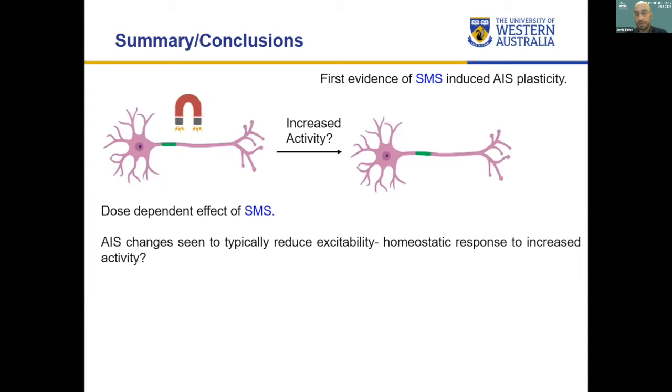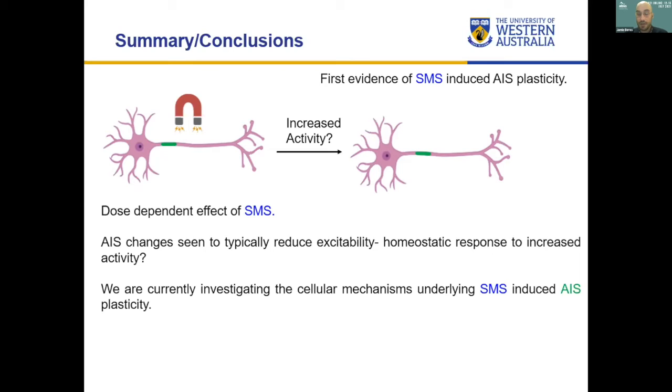So this kind of begs the question, what is this stimulation doing to our neurons in culture? Is it actually increasing activity, similar to potassium chloride? And we don't actually know. So we're following up these experiments by doing patch clamp experiments to see if the morphological changes we see are actually reflective of changes in excitability.